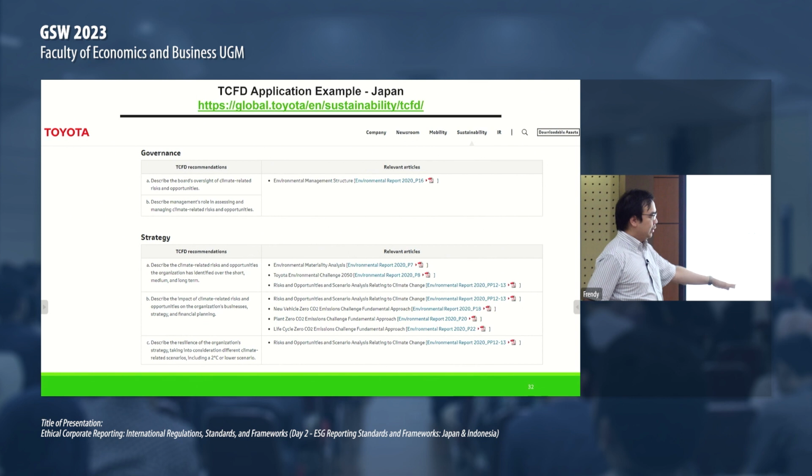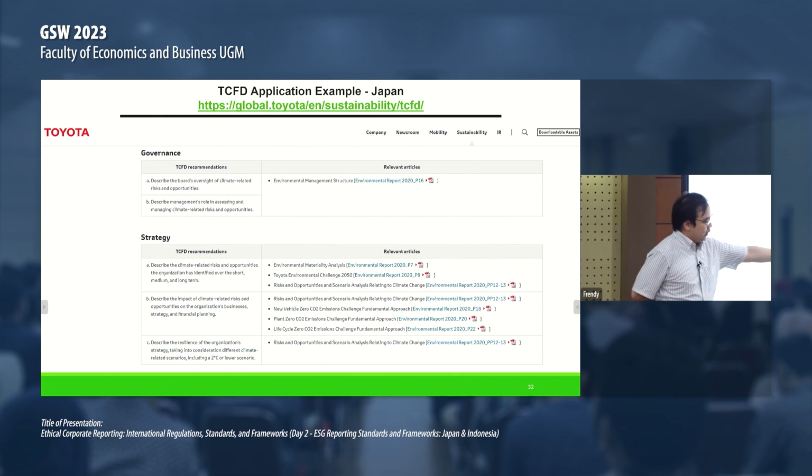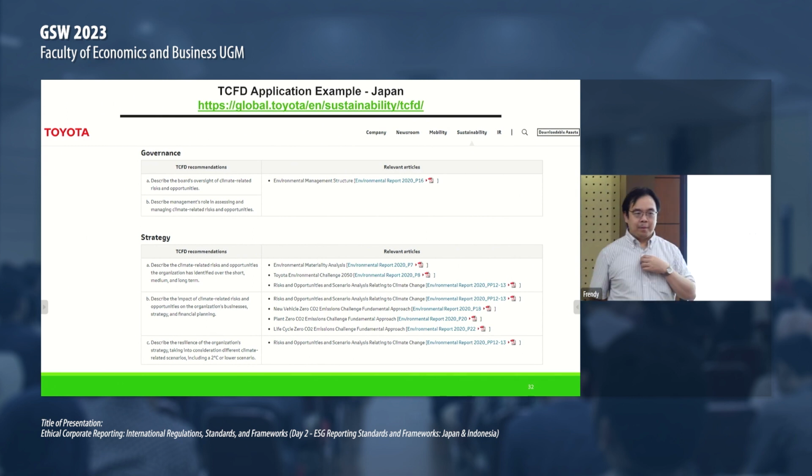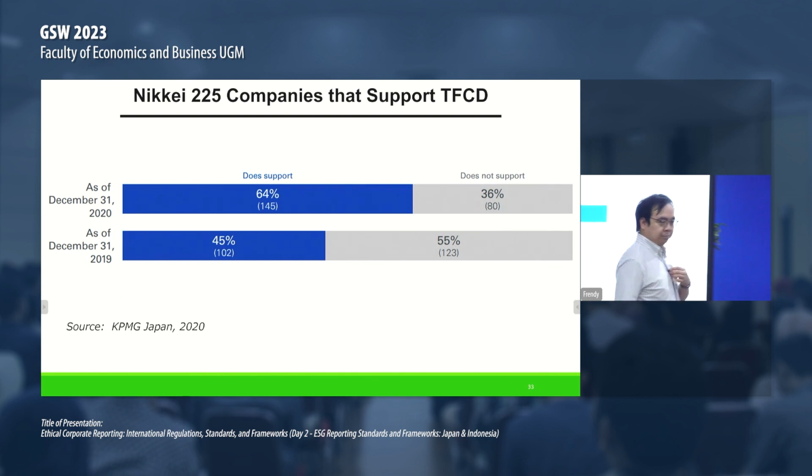Okay, it's all about climate, and then the companies have to attempt to answer this concern. Okay, and the companies did that using these documents. Okay. All right. Let's continue.